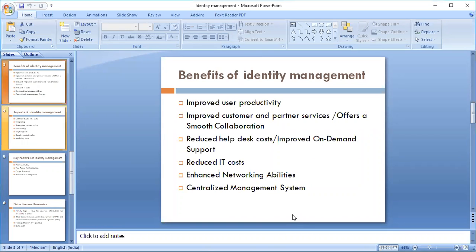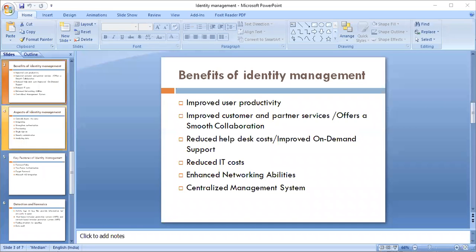Then we have centralized management systems. Businesses will be able to manage entire services when we are using identity management in cloud computing, and all programs can be managed and maintained at one place with the help of cloud based services, because we are able to collaborate with one another, and we can implement all the mechanisms at one place and implement globally.